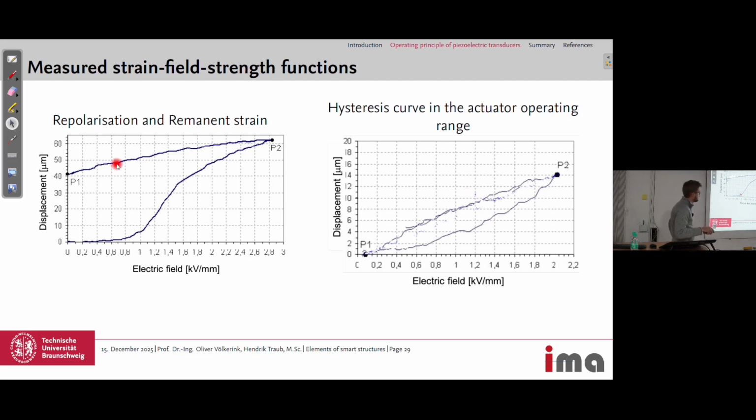And also here, from the same experiment, electric field. It's not from the same experiment, it's in the operating of the actuator. So we're not going up to 2.8 kilovolts per millimeter, but just up to about 2 kilovolts per millimeter, and can use a displacement of 40 millimeters in this specific case. But we will also have a look in the live experiment, hopefully afterwards.